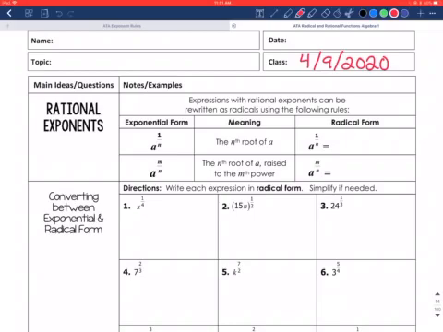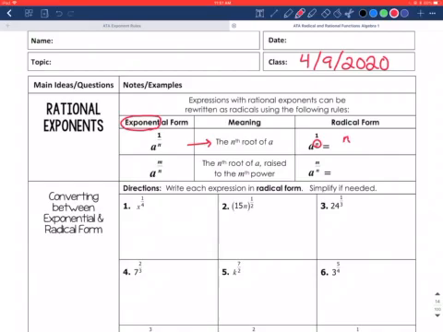Okay, so the first thing you need to know is exponential form. Exponential form obviously has an exponent in it, right? So we have radical form, which has a radical in it, and exponential form, which has an exponent. For exponential form, this is the nth root of a. An easier way to put this is the denominator of your exponent is going to be your index every single time.